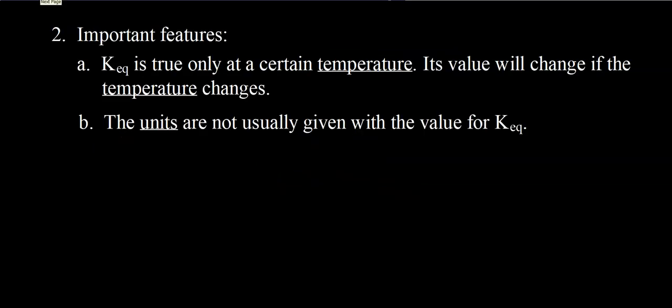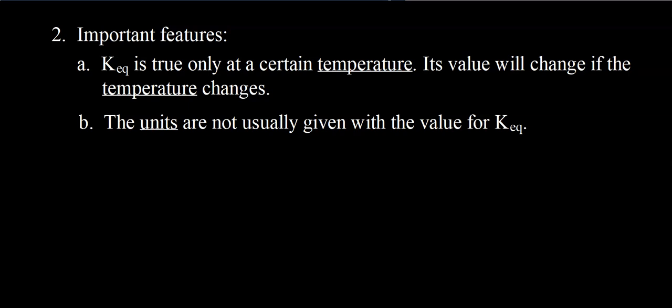Some important features, we already talked about it. Equilibrium constant is only constant at a certain temperature, meaning if you change the temperature of that system, then the equilibrium constant will also change. And when we're dealing with equilibrium expressions, even though we're plugging in concentrations, we're not going to use units. We're not going to plug in the units for each of the concentrations.